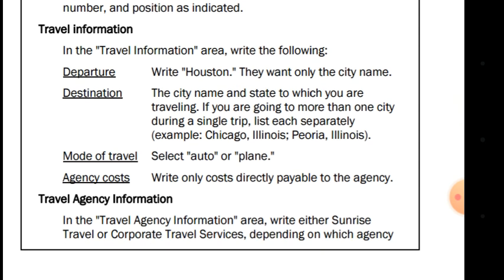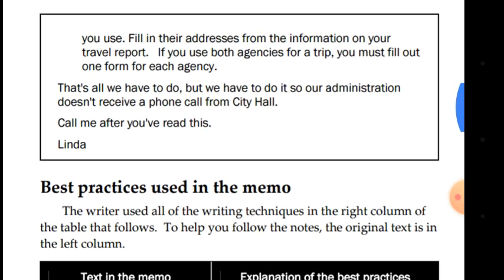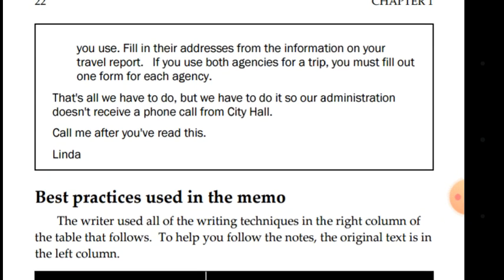And the writer includes words like and articles to make the sentences clear. Then he used travel information, travel agency information, paragraphing. So he begins all the area explanations consistently on a separate line, in an area separated by a heading.